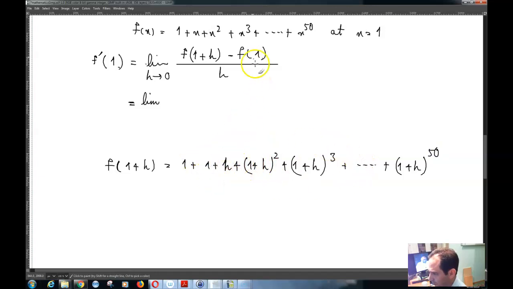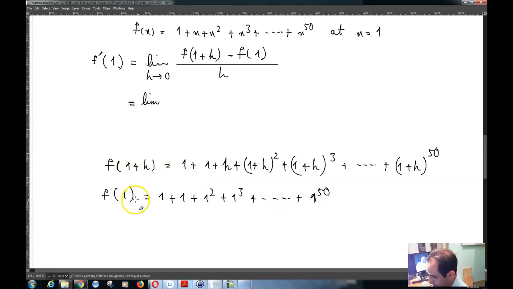Minus f of 1. f of 1 is 1 plus 1 squared plus 1 cubed plus all the way up to 1 raised to the power 50.